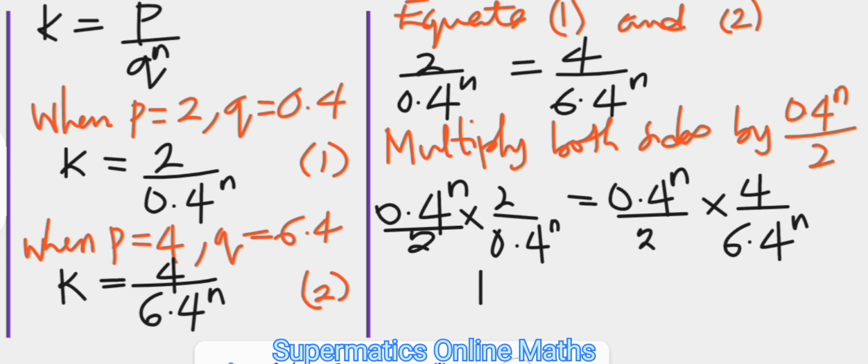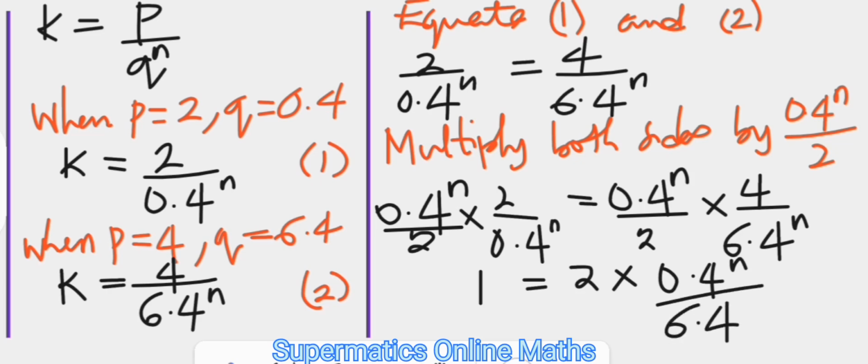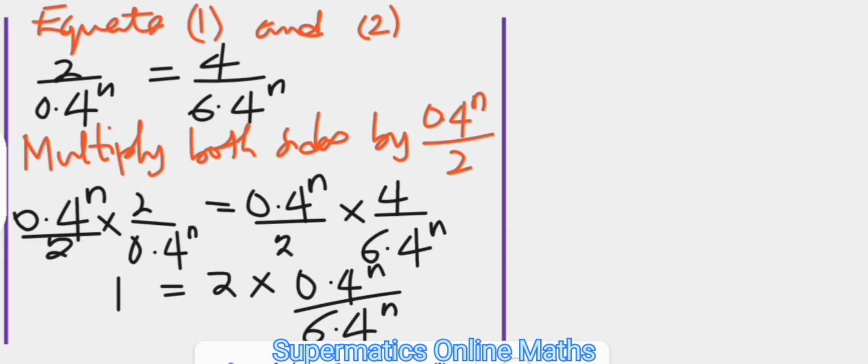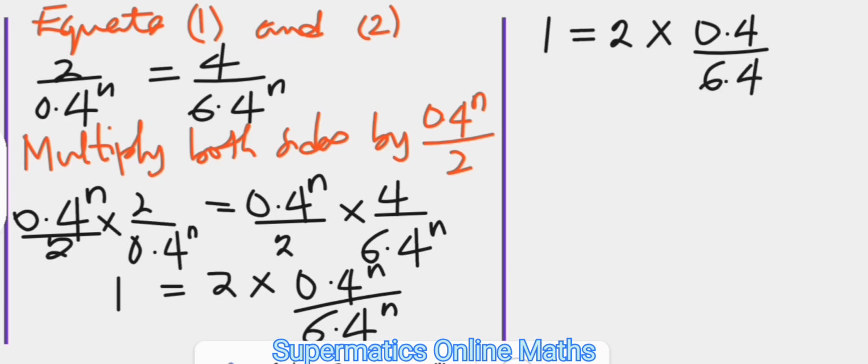This gives 1 on the left hand side equals 2 times 0.4 raised to power n over 6.4 raised to power n, thus becoming 1 equals 2 times 0.4 over 6.4 all raised to power n.